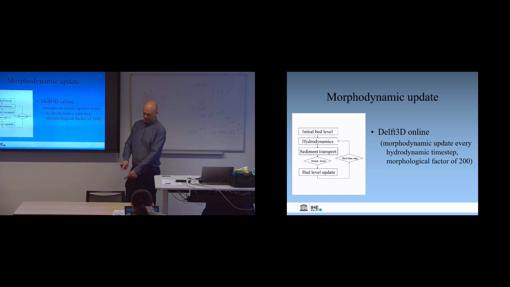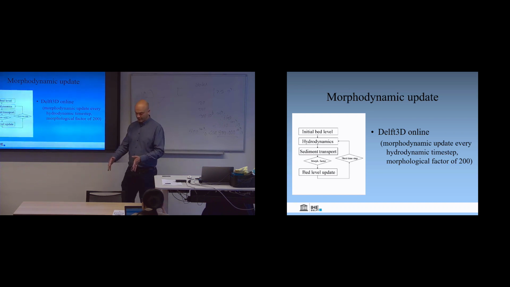So a bed level change of 10 centimeters is still nothing compared to a water depth of 10 meters. So probably that bed level change will not affect the hydrodynamics in that cell at that moment too much. That's the assumption that you're going to make. And the advantage is then that your modeling is much faster.